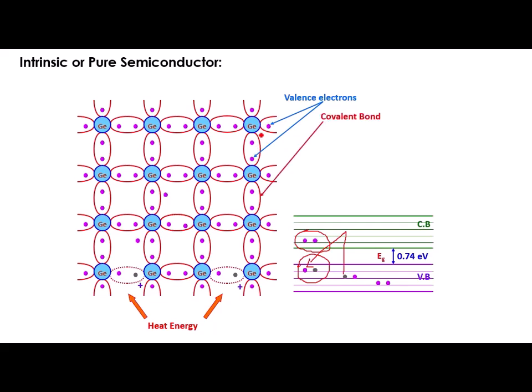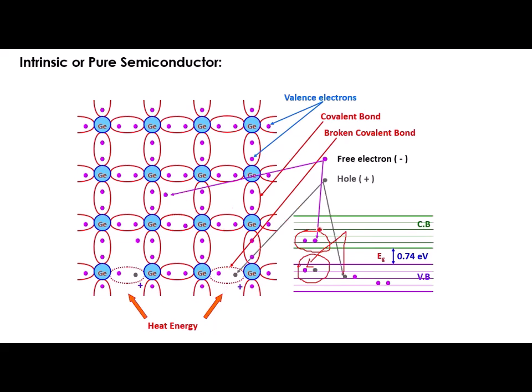These are covalent bonds. These are broken covalent bonds. After electrons get excited from the bonds, they are breaking. And these are free electrons. These are holes, and electrons have negative charge and holes have positive charge.